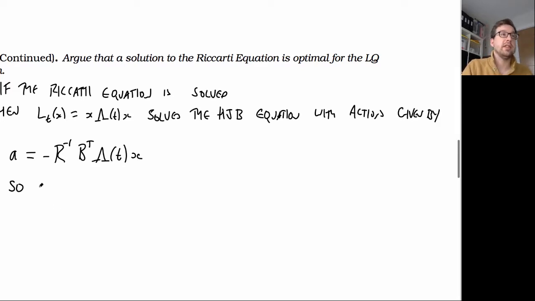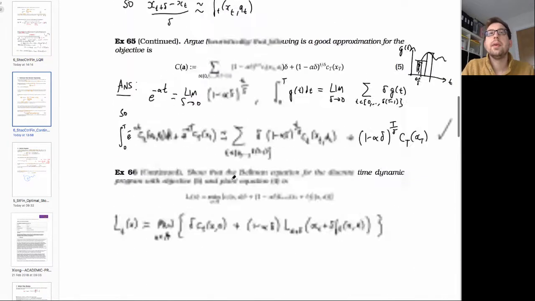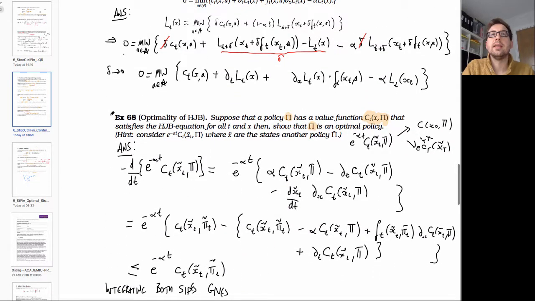So by our previous exercise, okay, let's just get the actual exercise itself. So it was this exercise at the bottom here, exercise 68 on the optimality of the HJB equation, which said if we can find a value function that solves the HJB equation, then it's optimal.